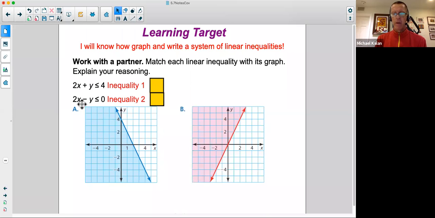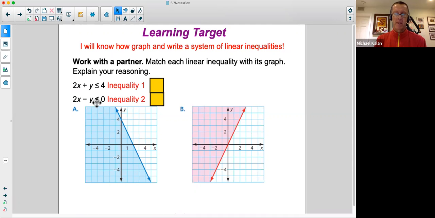And then for this one, notice that after we subtract 2x, we'd have to divide both sides by negative 1. And when we do that with an inequality, we flip the sign, right? So this would end up being y is greater than or equal to, which means it would be this one. But there's actually another way. Did you think about what the y-intercept is for one of them? It's 0, isn't it?